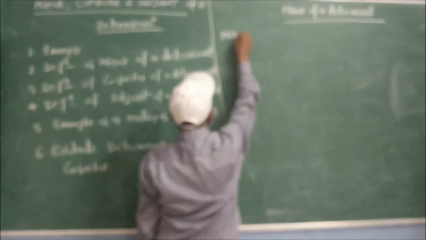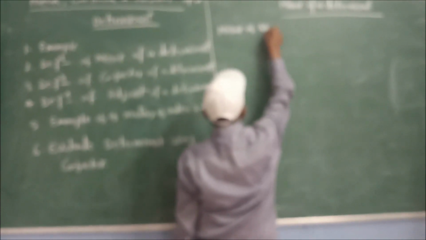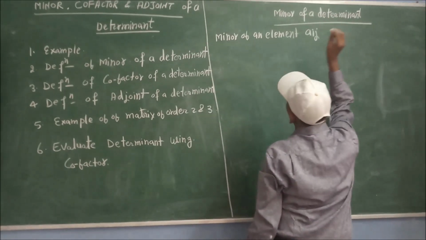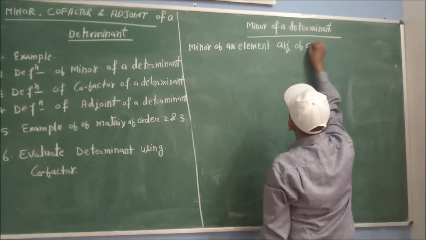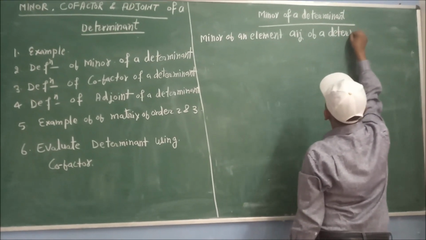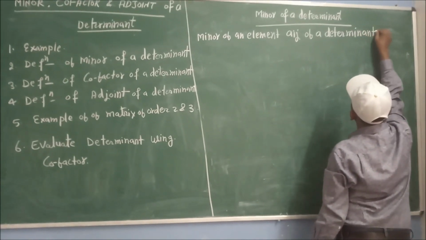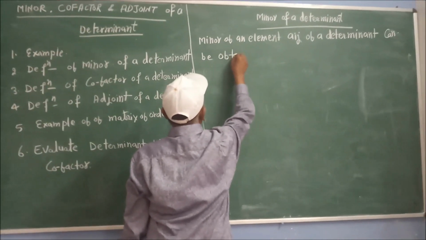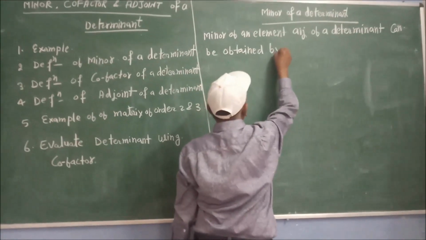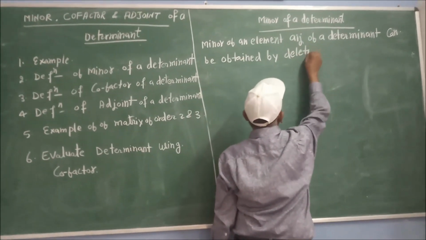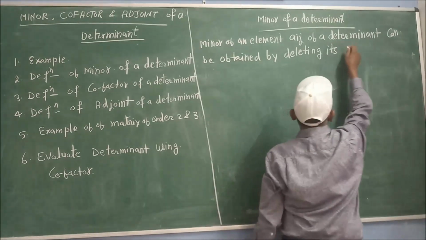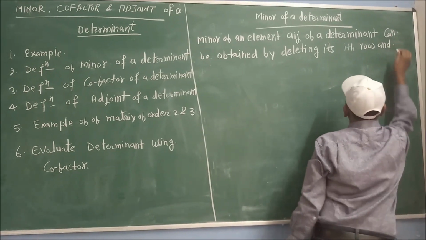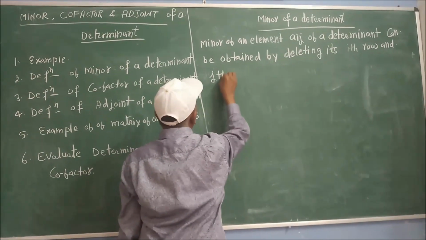Minor of an element Aij of a determinant can be obtained by deleting its ith row and jth column.